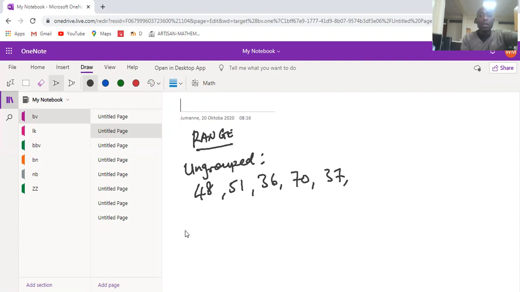If you are told to get the range, it is going to be the highest value minus the lowest value. So it is a matter of looking for the highest value here. You can realize the highest value is 70 minus the lowest value, which is 37.